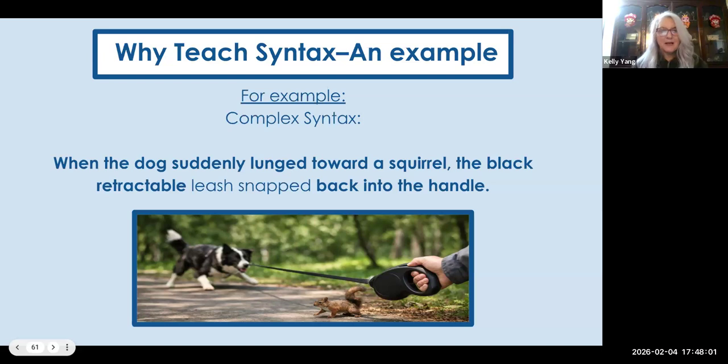If they know the word lunged, they might say lunged, and miss the fact that when the dog suddenly lunged is actually an expander. It's expanding the predicate, and the leash snapped is the heartbeat of the sentence.